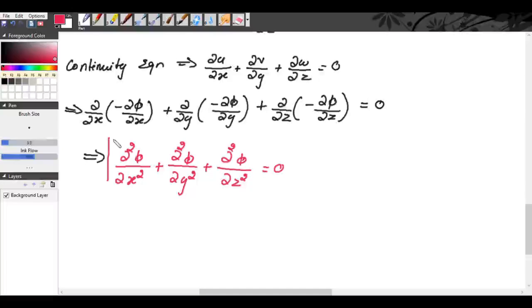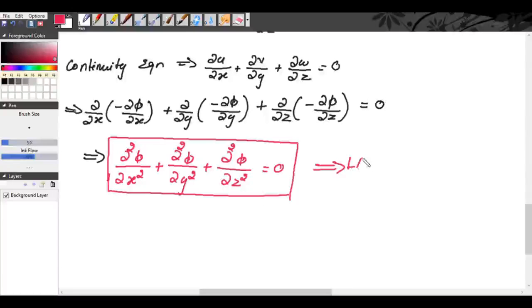This equation is called the Laplace equation. Very, very important, Laplace equation. Okay, so what does it mean?